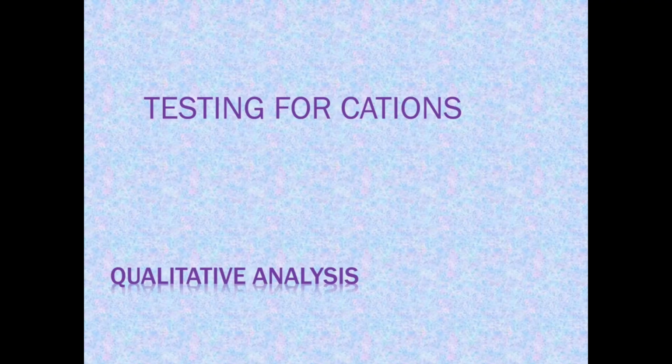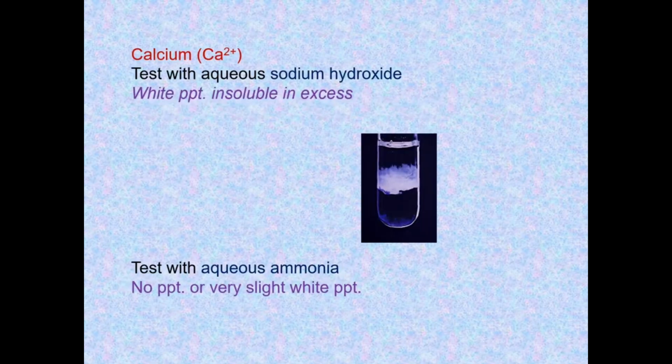So let's continue from there. Testing for cations. When you're testing for cations, you should know how to test for calcium and how to test for other ions. But let's start with calcium. If you want to test for calcium, usually you test using two substances.